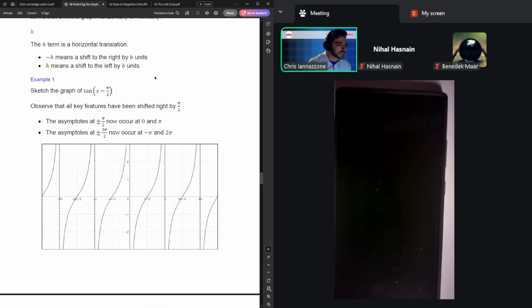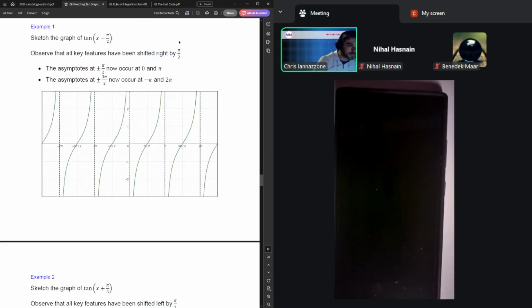So if you have x minus pi on 2, you're now shifting right by pi over 2. Effectively, what this will mean is all your key features are going to be shifted right by pi on 2 from where they otherwise would be. That's there just to show you or tell you what's actually happening. In reality, if we look at our procedure, it's just going to be solving where cos goes to 0.